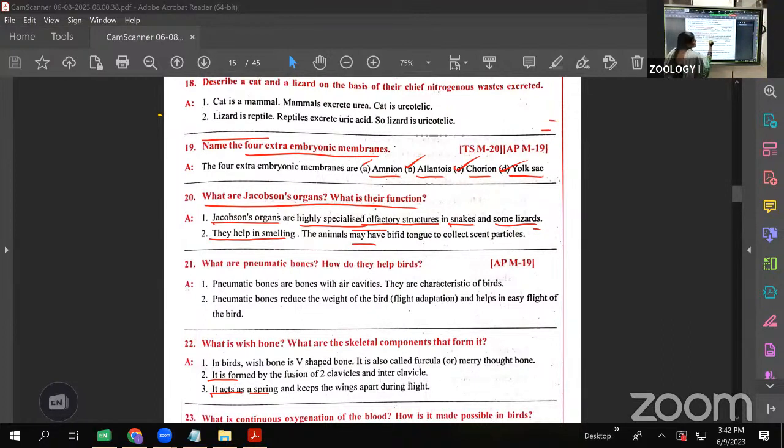The animals have a bifid tongue, meaning the tongue is bifurcated into two, to collect the scent particles. This is about the Jacobson's organs.